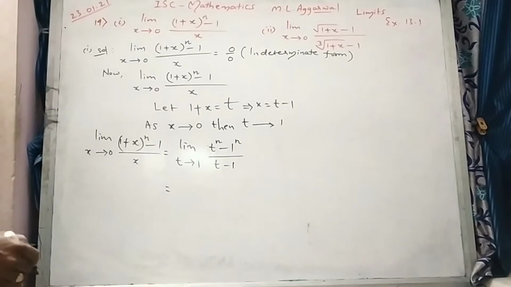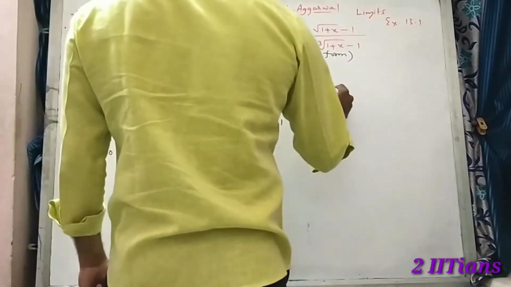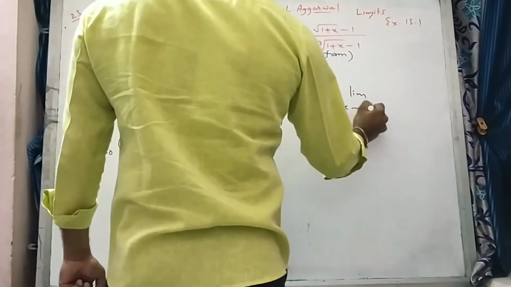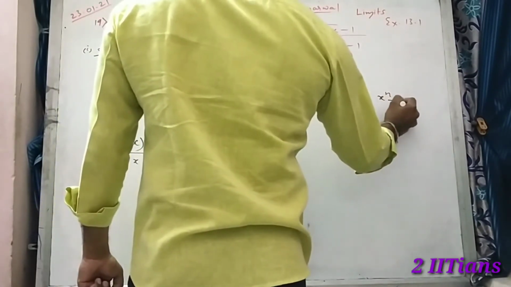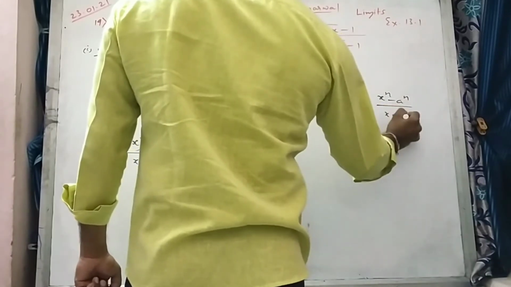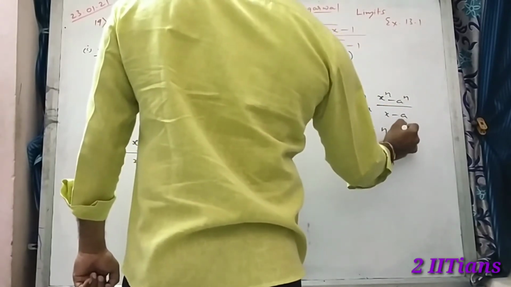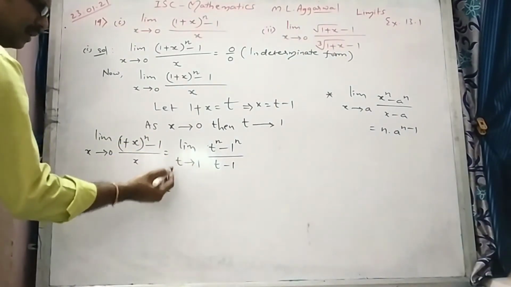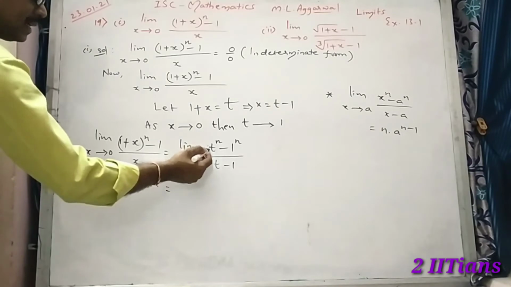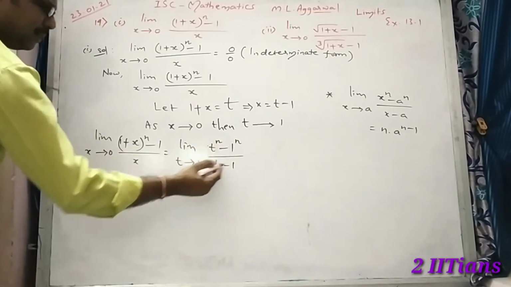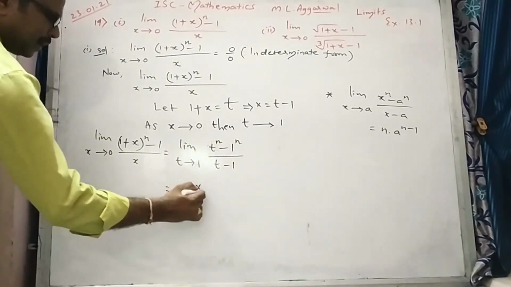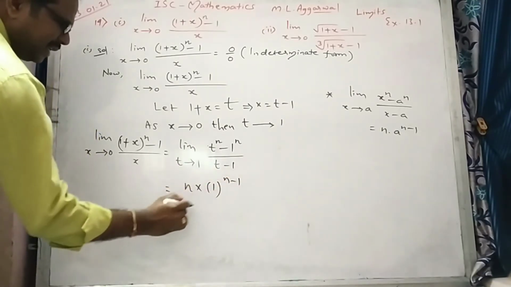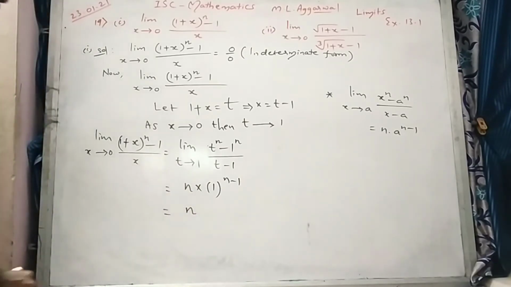So, is that in the standard form? Look at this. Limit x tends to a, x power n minus a power n by x minus a equal to n into a power n minus 1. Is that in the form? See once. Limit x tends to a, x power n minus a power n by x minus a, so n into a power n minus 1. So 1 power anything is 1 only. So my answer is n.